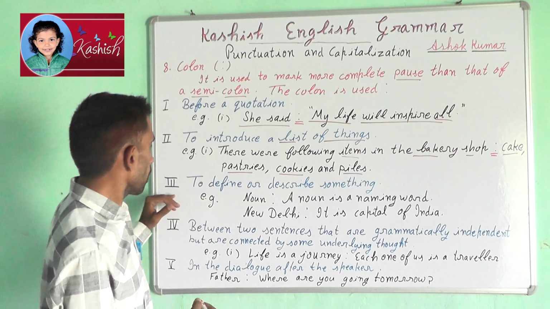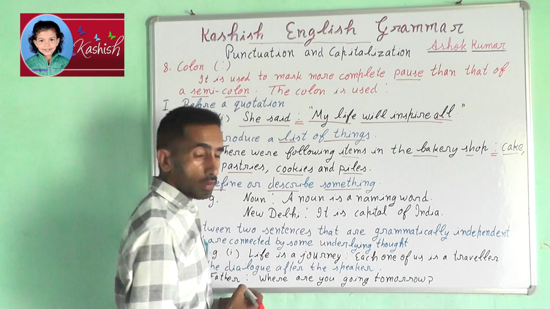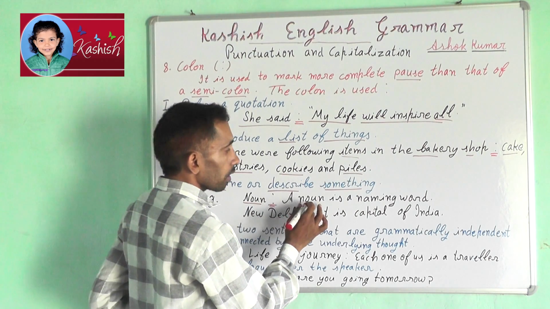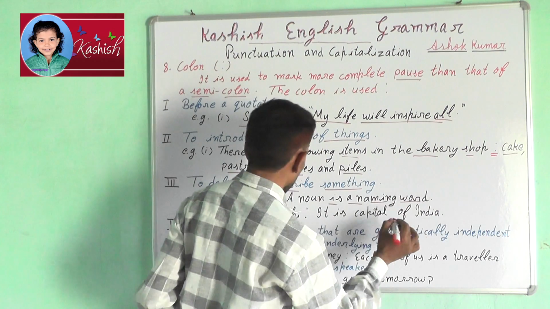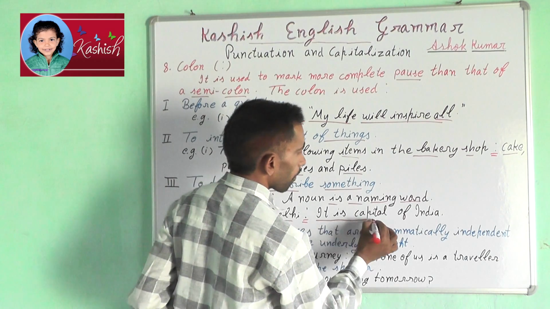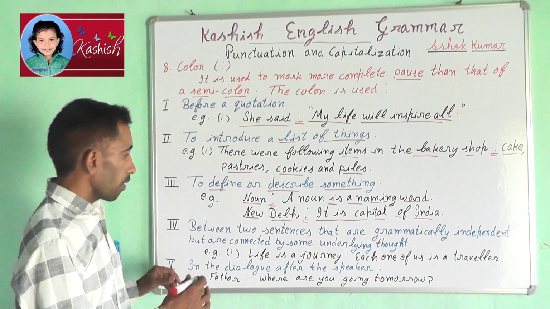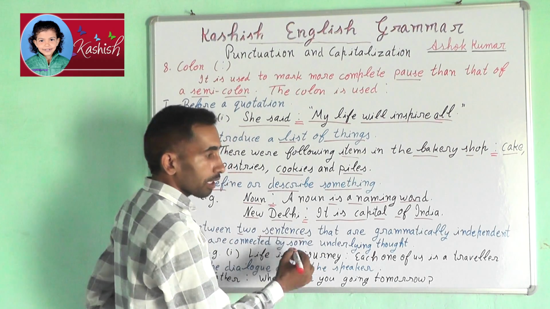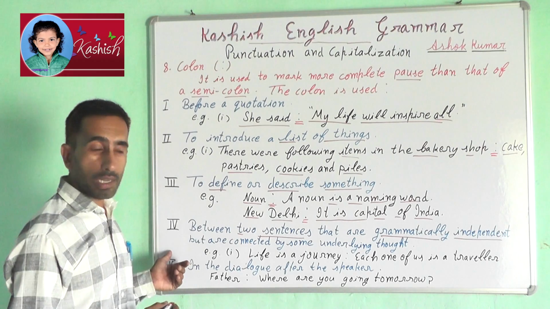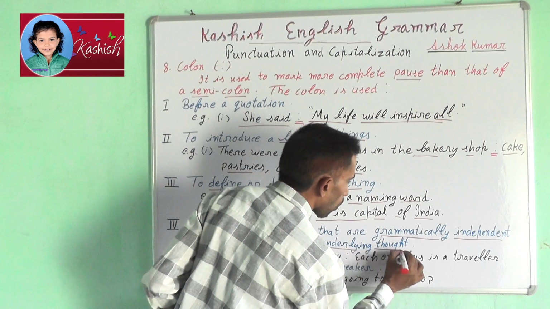Third, to define or describe something. For example, noun: a noun is a naming word. New Delhi: it is the capital of India. Fourth, between two sentences that are grammatically independent but are connected by some underlying thought.